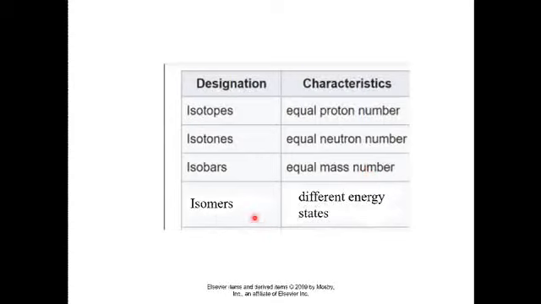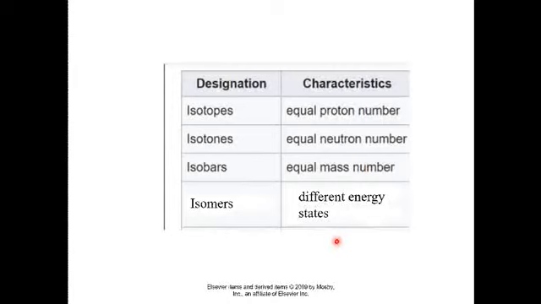So isomers have the same atomic number and same atomic mass, but they're at different energy states. So that's really important. Everything is the same except their energy states. Again, you can refer to that in your Bushong, page 36, table 2-4, to help you memorize the difference between the isotopes, isotones, isobars, and isomers.